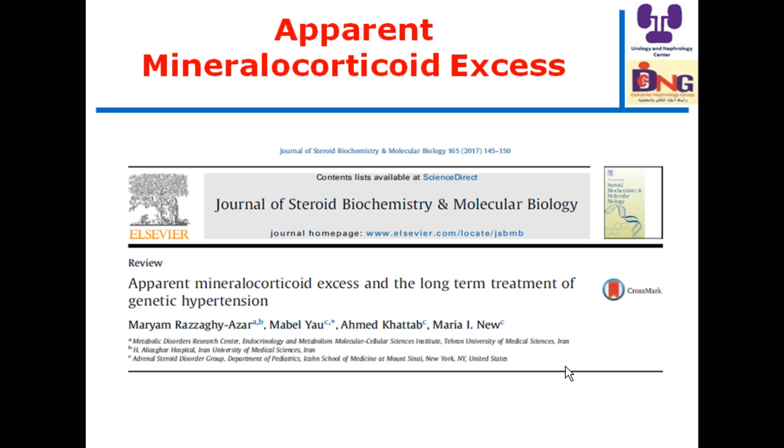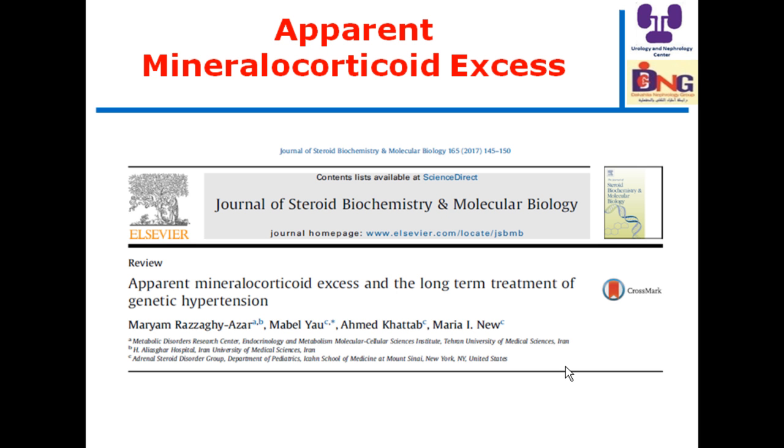This enzyme is responsible for the conversion of cortisol into cortisone, so it protects the aldosterone receptor. If the enzyme is inhibited by the genetic syndrome, cortisol will act on the aldosterone receptor, leading to hypertension. The best treatment is to block the aldosterone receptor by using mineralocorticoid receptor blockers.